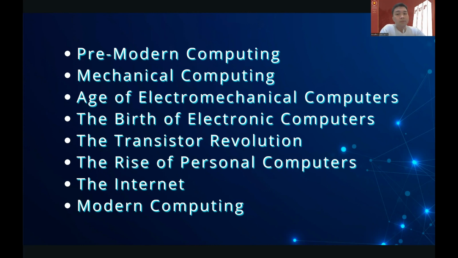The rise of personal computers: the personal computer's history as a consumer electronic device for the masses actually began with the introduction of the microcomputer in 1977, although some mainframes and minicomputers were applied as single-user systems long before that.